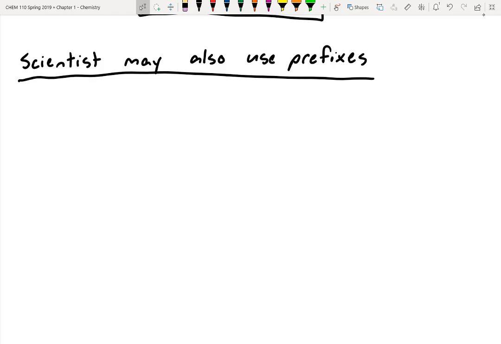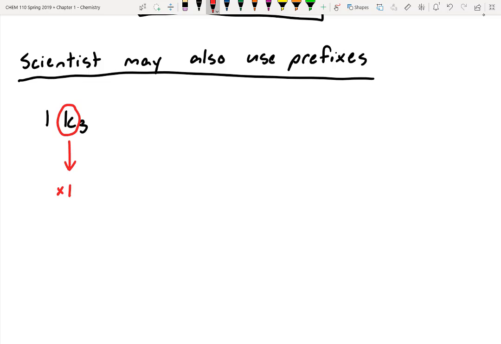So let's say we have 1 kilogram. This kilo unit is a prefix, right? And if you look on that handout that I just gave you, what's the number associated with kilo? 1,000, right?